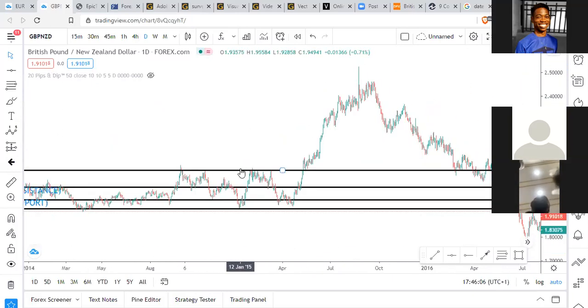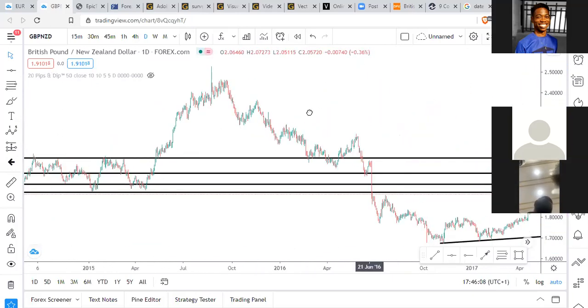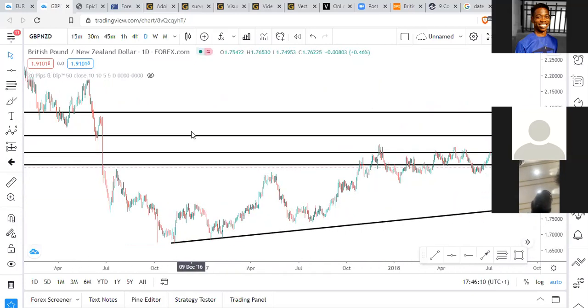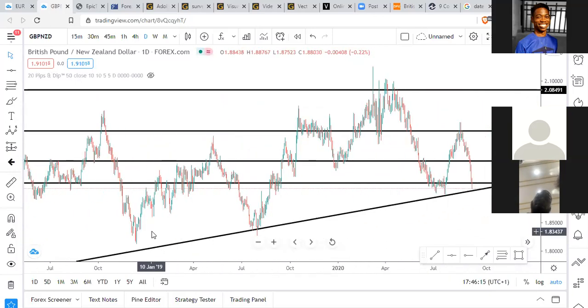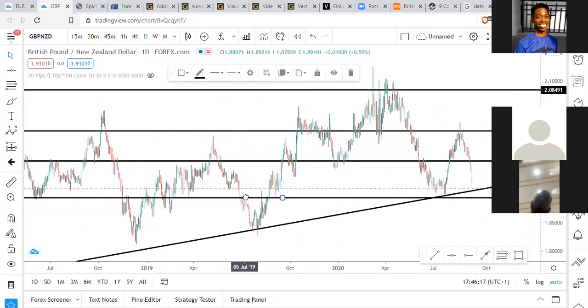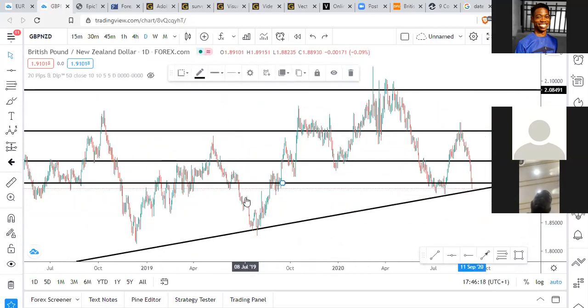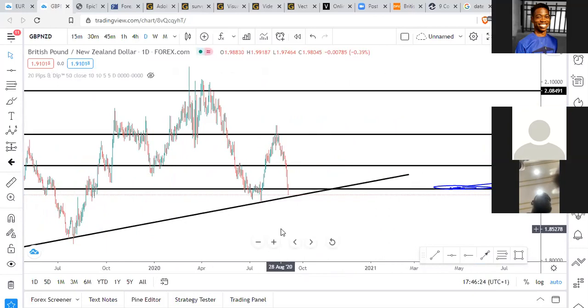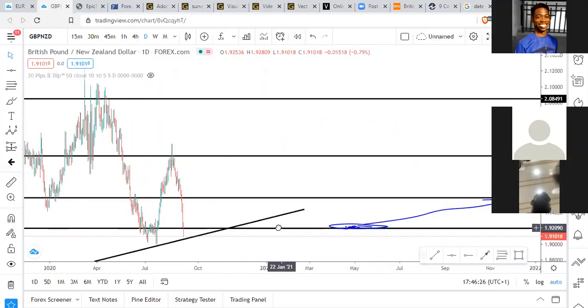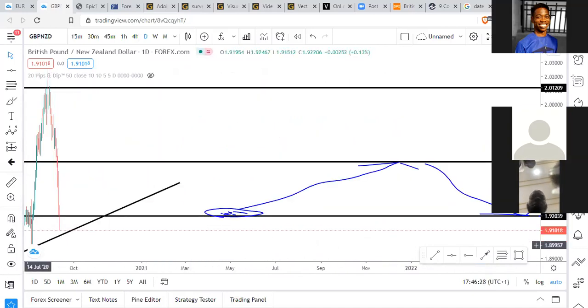So you can do your basic chart markup using just purely support and resistance, and you see how it will favor you so well that you'll be like, wow. You see me, I can do this stuff. So that's it. Let me clear out this place.